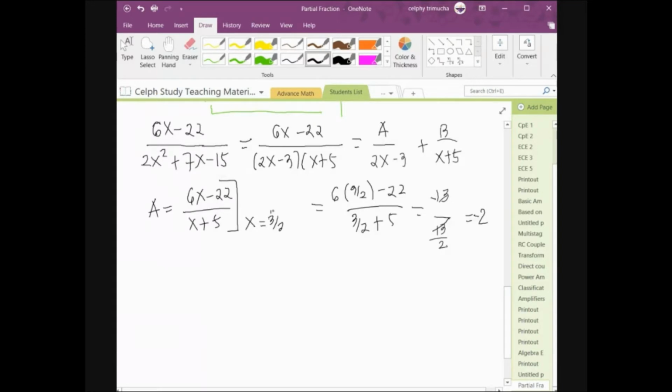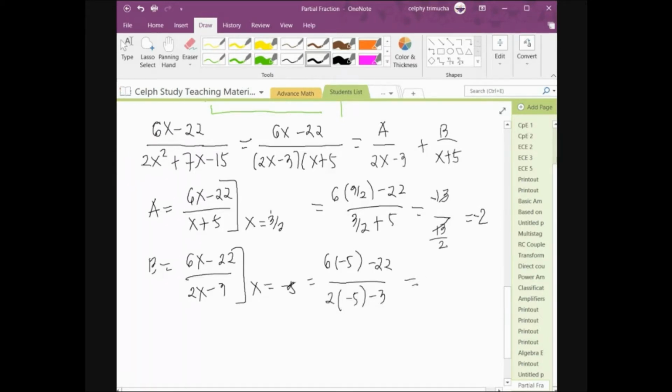Next, for letter B, so we have 6x minus 22 all over 2x minus 3. Substitute ang values ng x is equal to negative 5. So we have 6 times negative 5 minus 22 all over 2 times negative 5 minus 3.